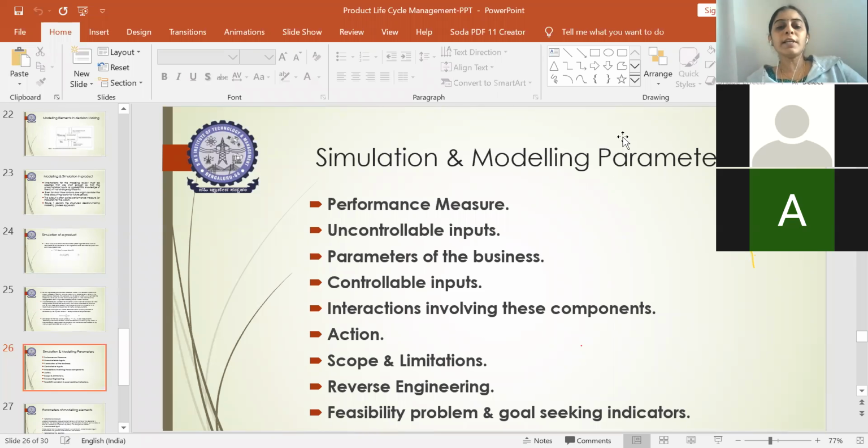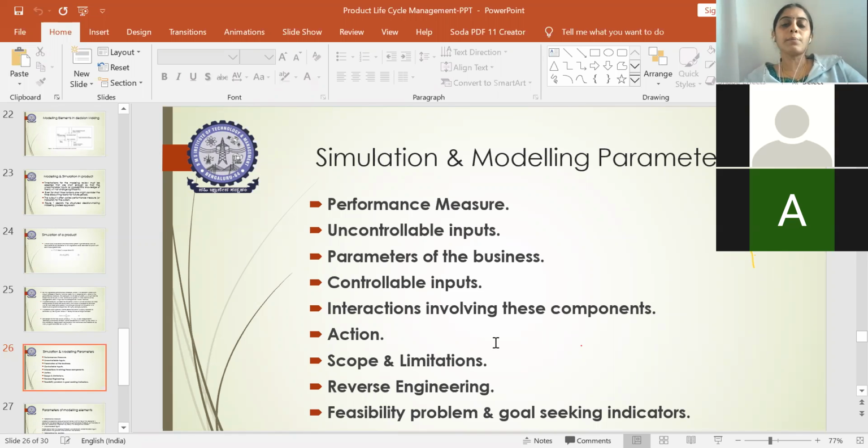This really helps to identify the feasible problem and to achieve the goal with respect to the requirement. So simulation and modeling plays a vital role in any product which has to be manufactured. It is not associated only with mechanical products; it could be any product.